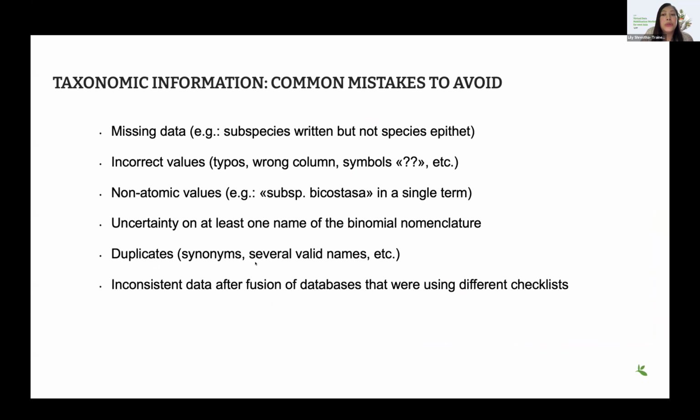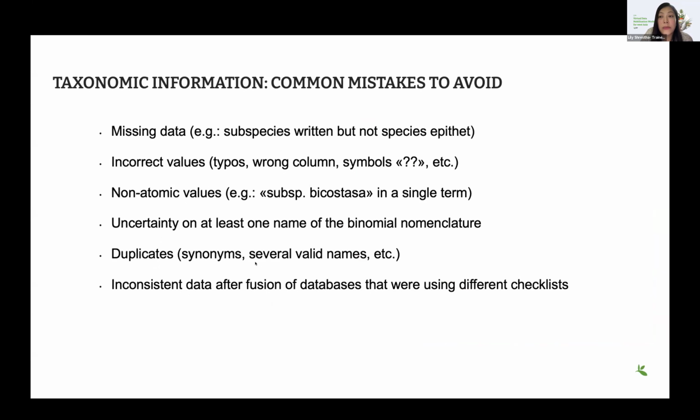And some of the issues occurring with taxon information could be, for example, we might have missing data. Even if we have subspecies, sometimes species might be missing. Or sometimes we might miss the scientific name itself overall. Missing data, inconsistent data. Sometimes we might have incorrect typos or some characters that should not be there.